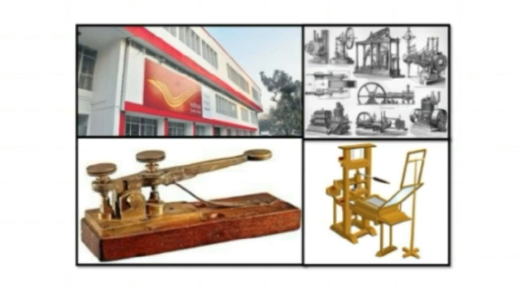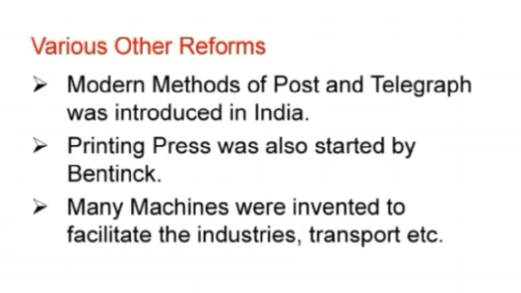The printing press was something new for India, but in order to carry on the administration as well as for various other purposes, William Bentinck felt the need to start the printing press, and that also helped Indians in many ways. Many machines were invented to facilitate the industries, transport, etc. The changes made by William Bentinck also helped the Indians in disguise.